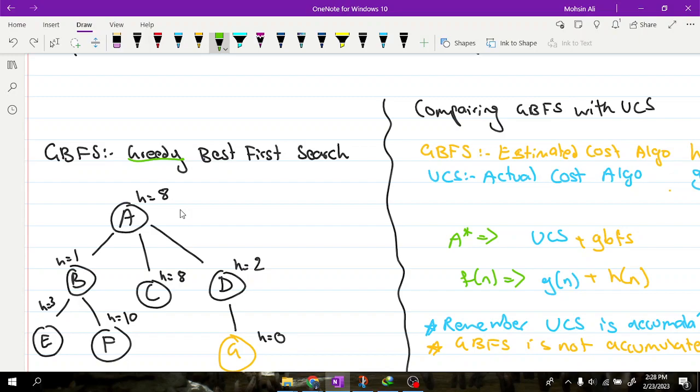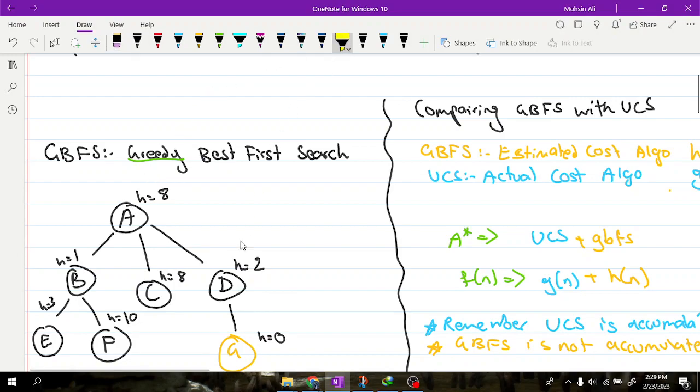It doesn't work on path cost. In UCS, the uniform cost search, we saw that we were always relying on the path, the smallest minimum path. But in this one, we're not talking about the path, which is the reason why I chose to ignore the path values in this example and only wrote the heuristics. And you can see that the heuristics are written on the nodes themselves.